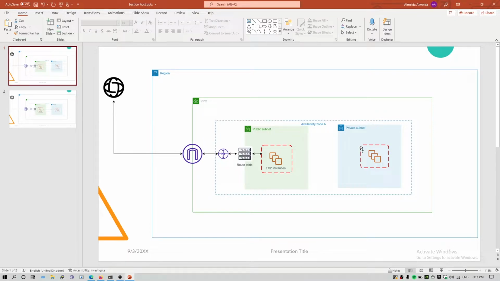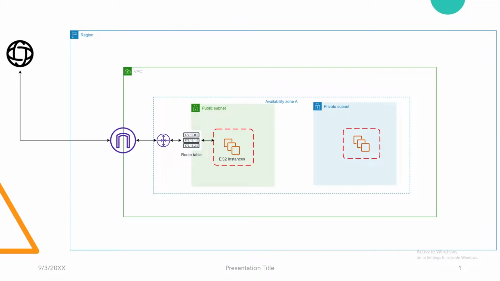First of all, we are going to create an EC2 instance in the private subnet and figure out how we can access it, because an instance in the private subnet cannot be accessed directly. So what are we going to do? We are going to introduce the concept of Bastion Host.